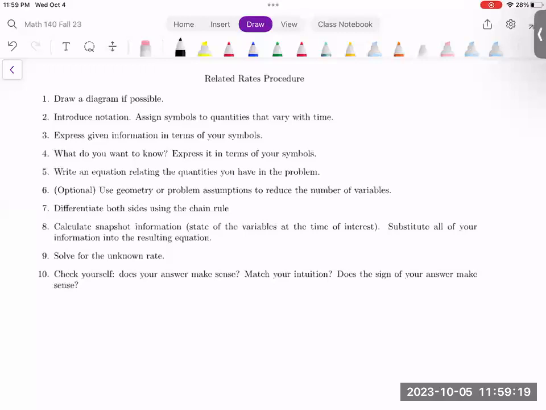Once we have this kind of equation, we can differentiate both sides using the chain rule. Every once in a while, there's some sort of assumption in the problem that lets us get rid of some of our variables. But usually we can just go straight to differentiating both sides using the chain rule.